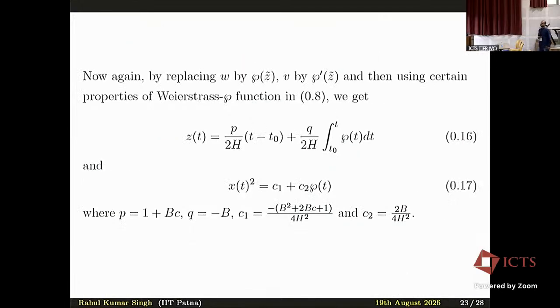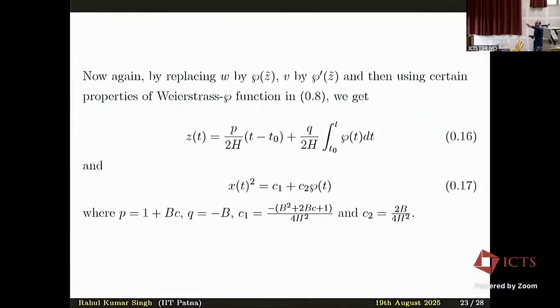And yeah, now here I have skipped many things. Now the point is we want to replace these W and V, which we had in that parameterization for Z S, by this P of Z tilde and P prime of Z tilde, because this is how we are getting from those things.